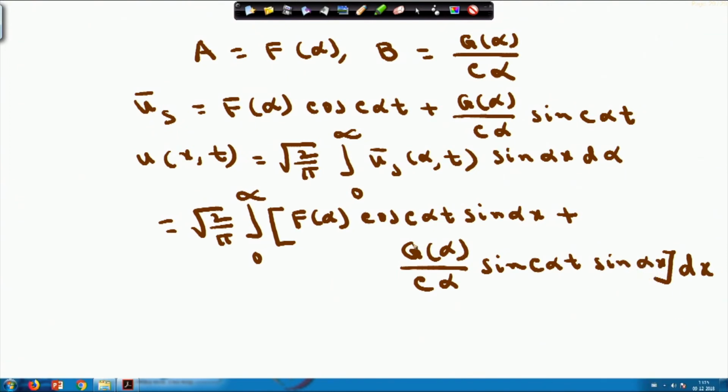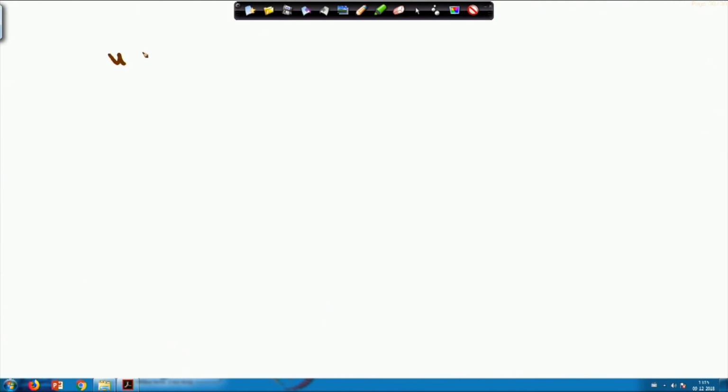Once you have cos c cos d and sin c sin d, these two I can break using trigonometry, and then u(x,t) you can write as 1 by root 2 pi, because the 2 will be coming out, integral from 0 to infinity.